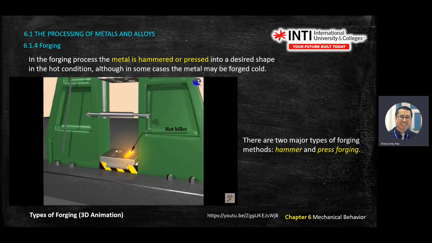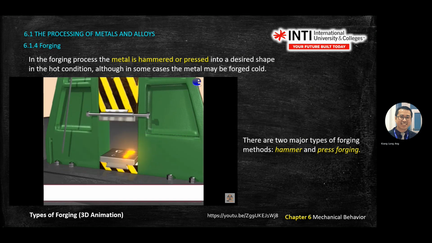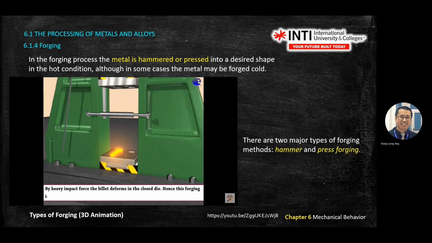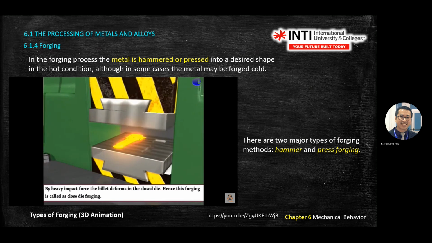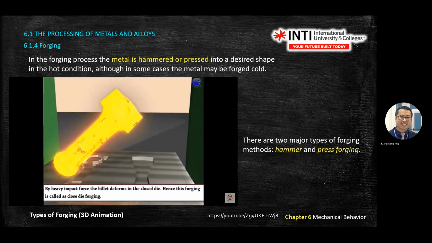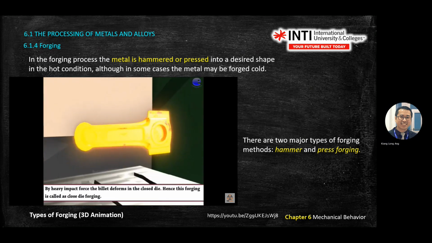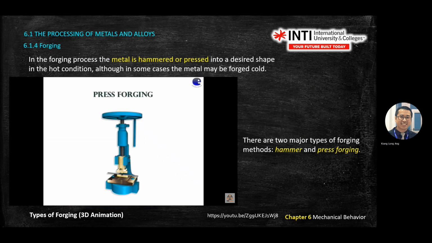You put in a hot billet, then you hammer it. Okay. This is a press forging.